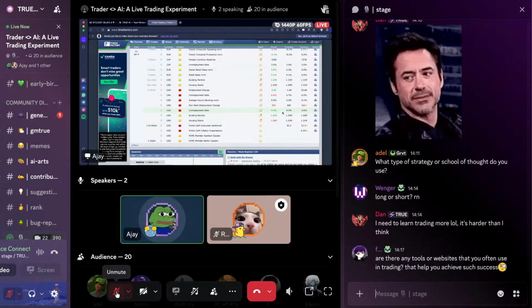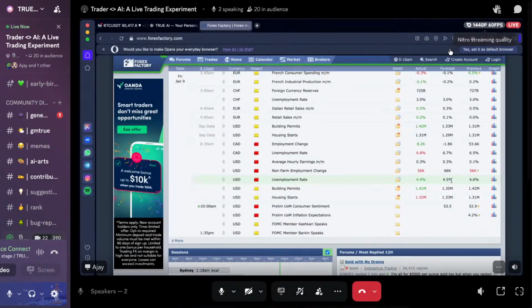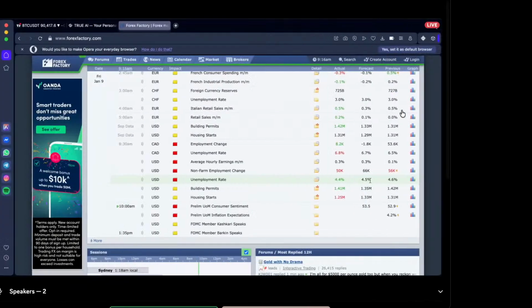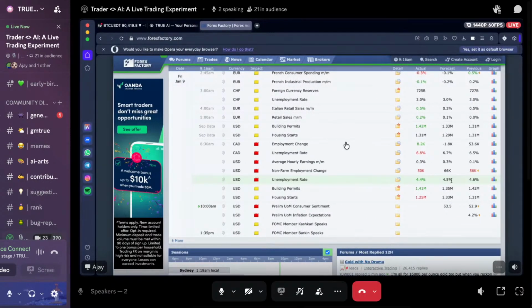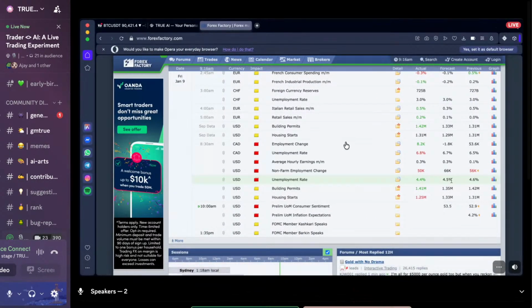So unemployment coming out lower than forecast actually shows the Feds are on track. Unemployment is not rising. The labor sector is okay. It's not doing that bad. We're not losing a ton of jobs. Inflation is not going back up. So this means that the Federal Reserve can actually hold the rates instead of cutting them.